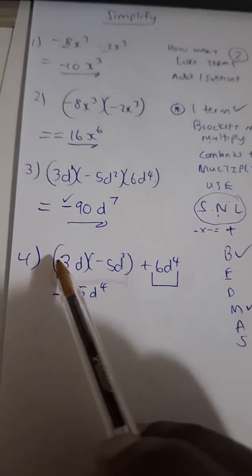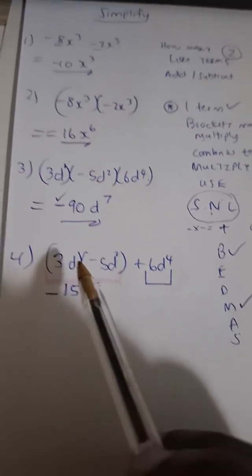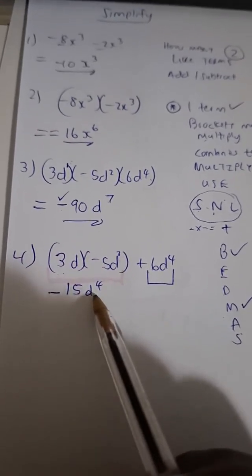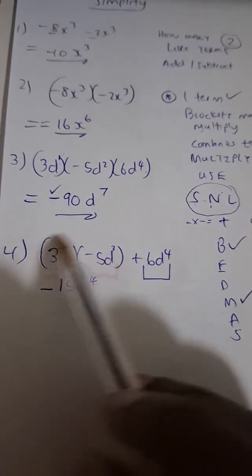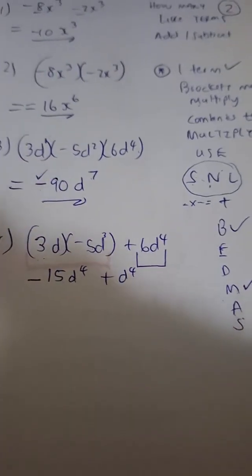What's a positive times a negative? Negative. 3 times 5 is 15. d times d to the power 3 gives us 15d to the power 4. Now we have resolved these two brackets, plus d to the power 4.